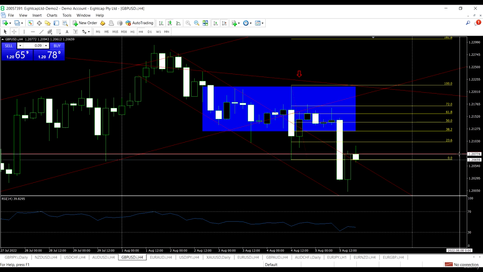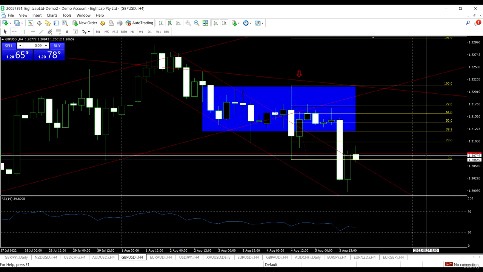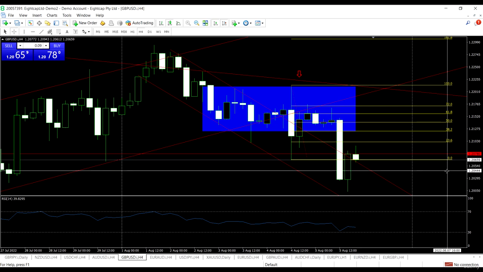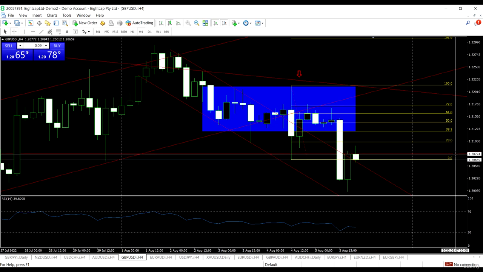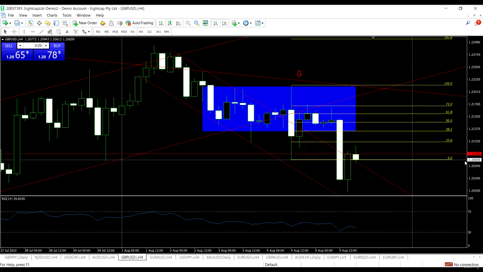So from the red line to this line, we have a difference of, I think, about 10 or 11 pips. If you subtract this one from this, you're going to see that we have 10 or 11 pips.